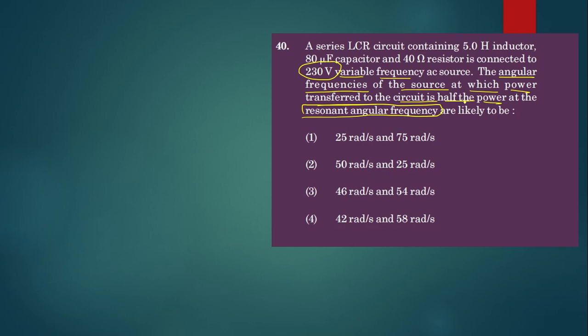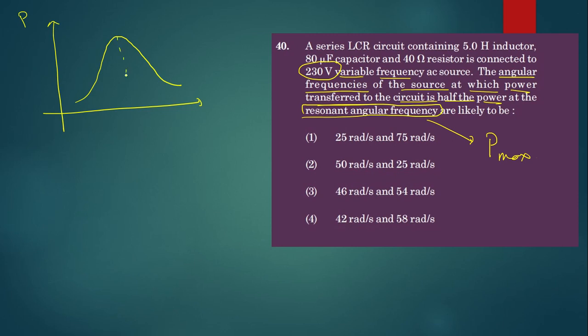First of all, at resonance frequency the power becomes maximum. How does the power change with the frequency? Let's say this is the power. We see that the power first increases and then decreases. At a certain frequency the power becomes maximum. This frequency is called the resonance frequency.